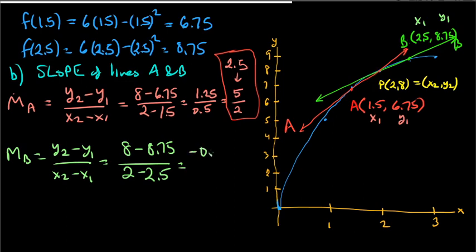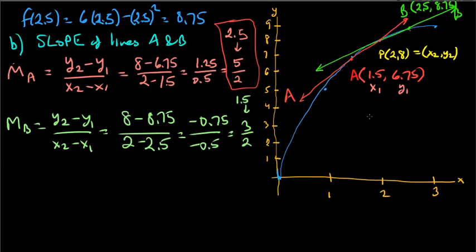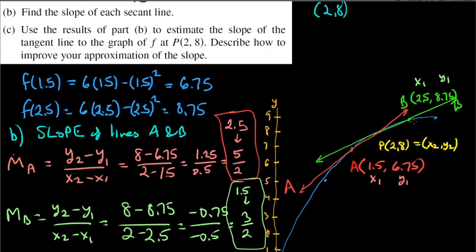So we get negative 0.75 divided by negative 0.5, which is 3 over 2, right? So this is 1.5. So it is bigger than 1, and I know the green line looks like it's less than 1, but that's, again, because of the scale. Okay, so yeah, the slope of the green line is indeed 3 over 2, or 1.5.